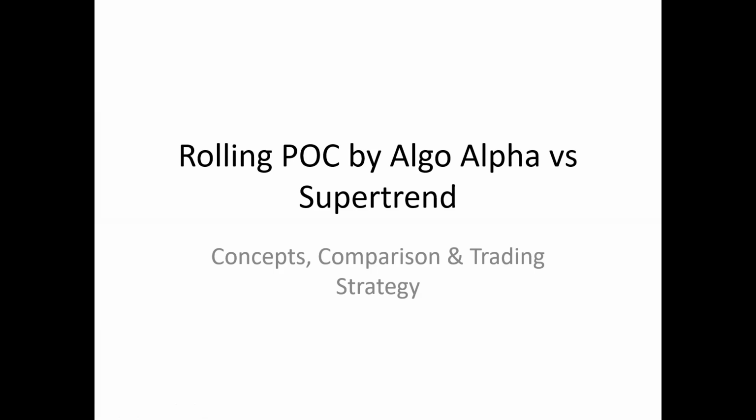This indicator, Rolling POC, is a moving point of control as the price proceeds. It is very, very helpful in live market trading, intraday trading. See, the value point of control, if it starts moving, whether to the upside or the downside, you can make your decisions and you can make a valuable trade also.